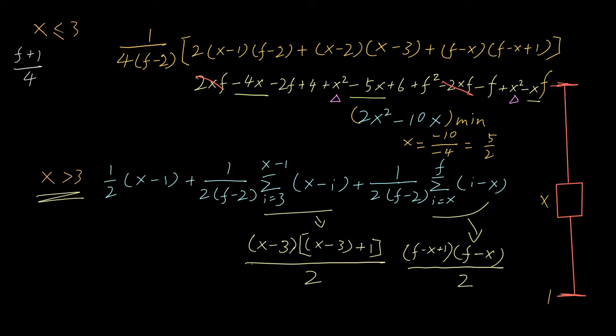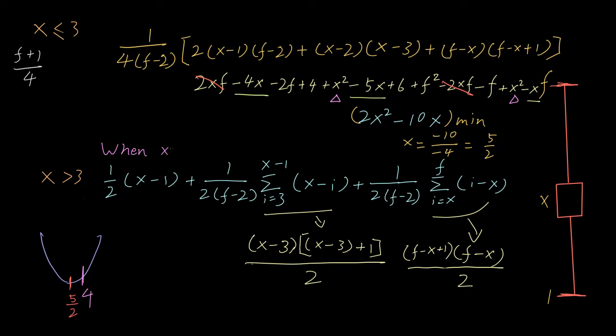But 5 over 2 is less than 3, while we have a restriction that x is greater than 3, so it is just impossible. But because this is a parabola facing up, if we want the minimum value, we'll just need to get as close to 5 over 2 as possible. And since x is an integer, this minimum point will be 4.